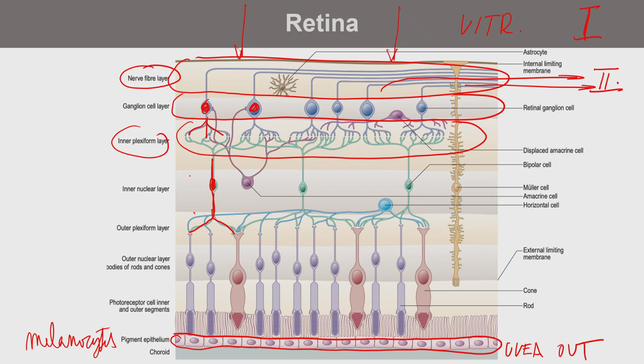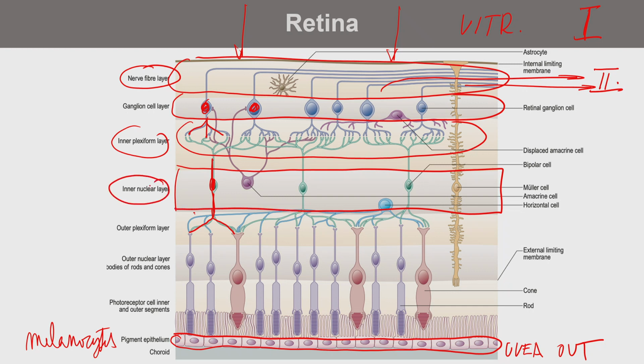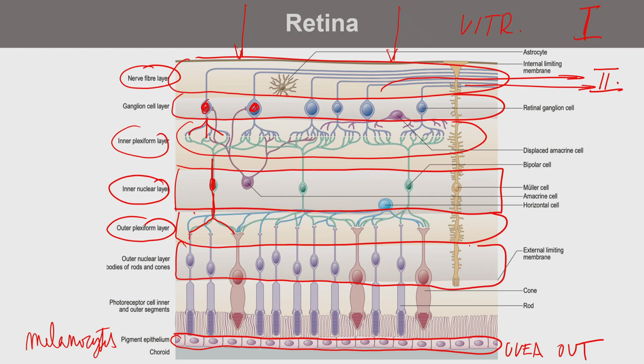These interneurons are in the inner nuclear layer. There are nuclei and bodies of those interneurons. Then we have the outer plexiform layer. The outer plexiform layer is the synapses between interneurons and the photoreceptors. The photoreceptors have their bodies and nuclei in the outer nuclear layer.